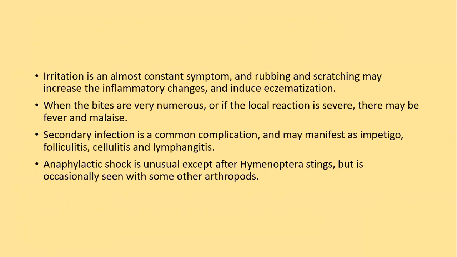When bites are very numerous, or if the local reaction is severe, there may be fever and malaise. Secondary infection is a common complication and may manifest as impetigo, folliculitis, cellulitis, and lymphangitis.